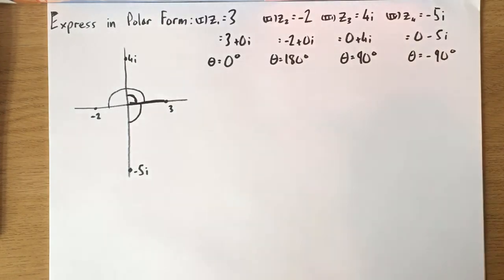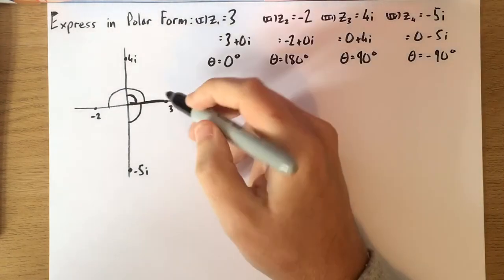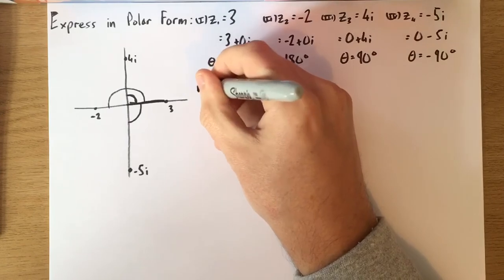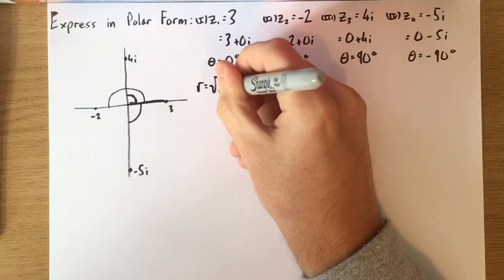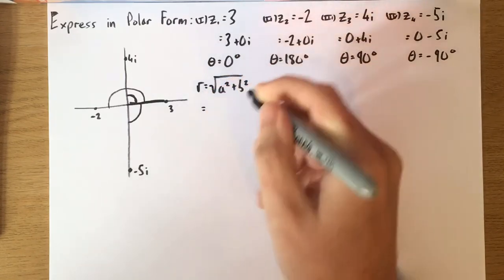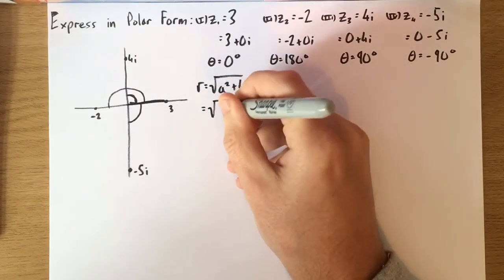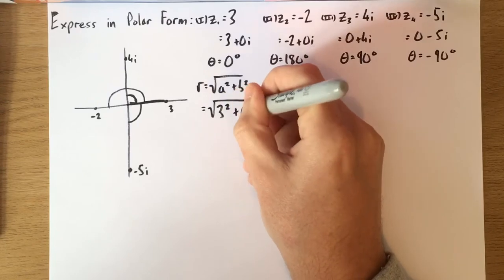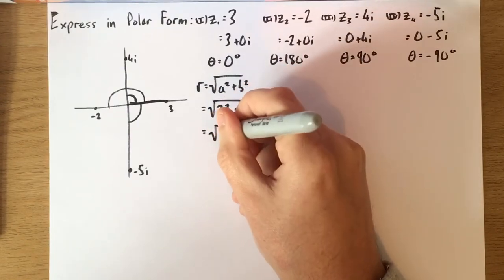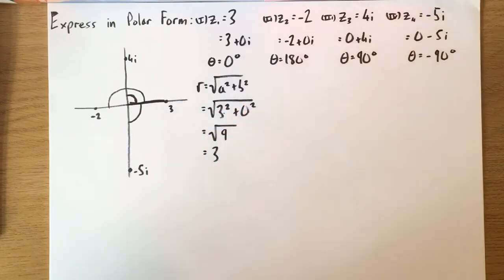Okay, this is also going to be straightforward enough. So for 3, our modulus is just the square root of a squared plus b squared. So that is the square root of 3 squared plus 0 squared. That's the square root of 9 plus 0. So just 3.